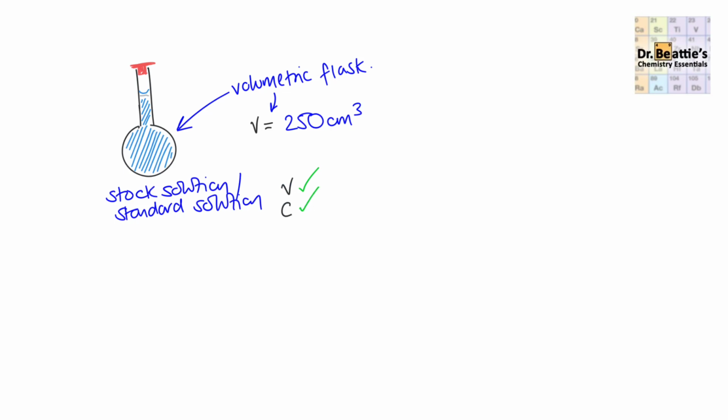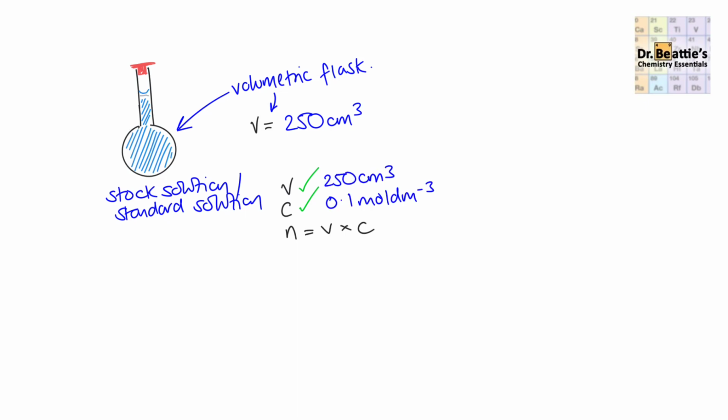With these two pieces of information, you can work out the number of moles of the solute that you have in your standard solution or stock solution. So going forward, let's just put some numbers to this. We've got our volumetric flask of 250 centimeters cubed, and we make that up with a concentration of 0.1 moles per decimeter cubed.